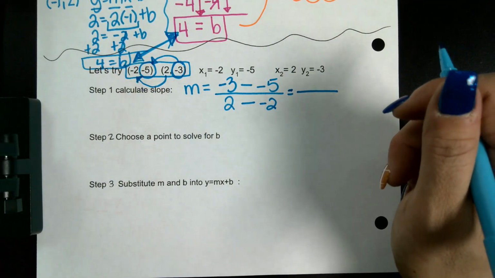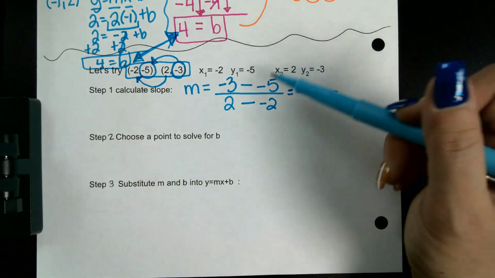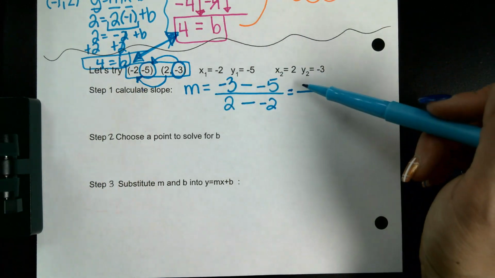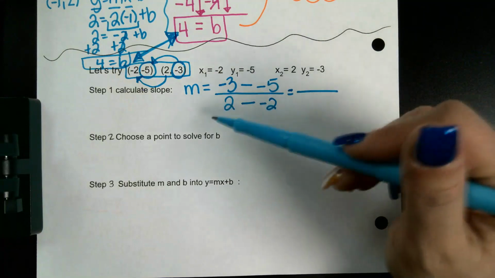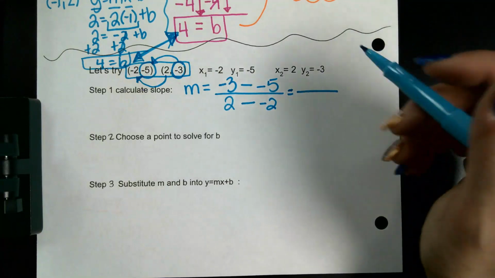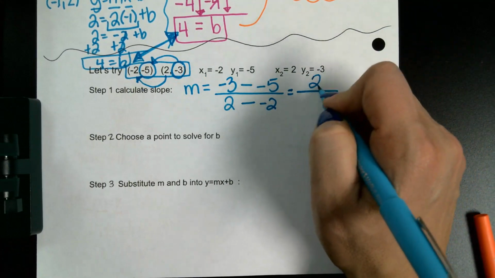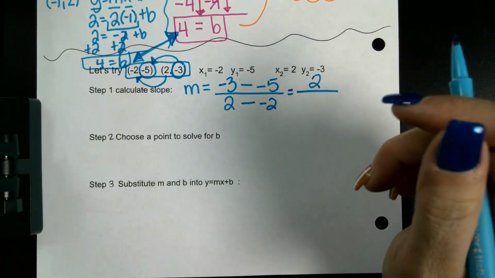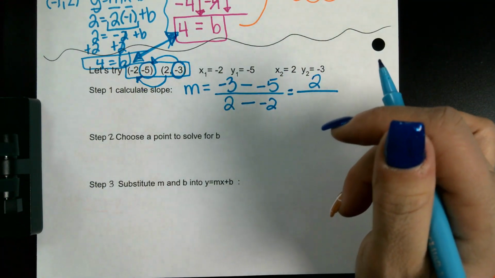Unless you set yours up the opposite way that I did. If you did negative 5 minus negative 3 on top, then the bottom would say negative 2 minus 2. It would be completely opposite of mine. Okay, what do I get up top? 2. For those of you that set it up the other way, you get negative 2.